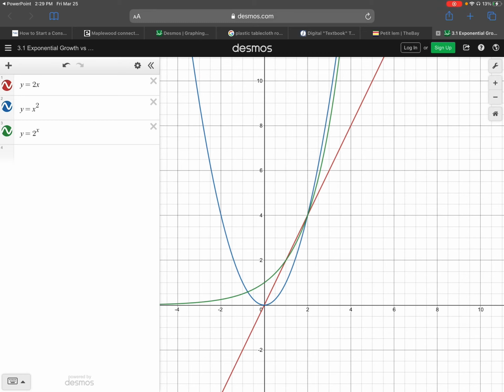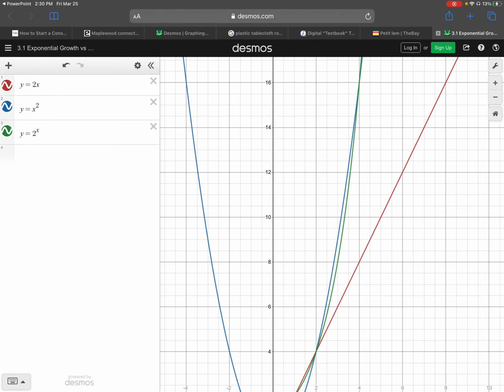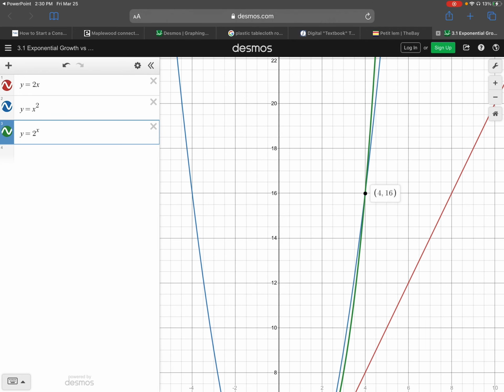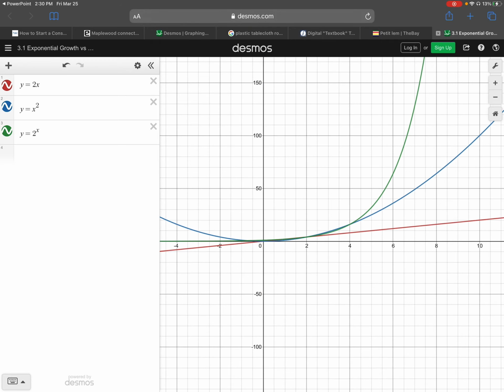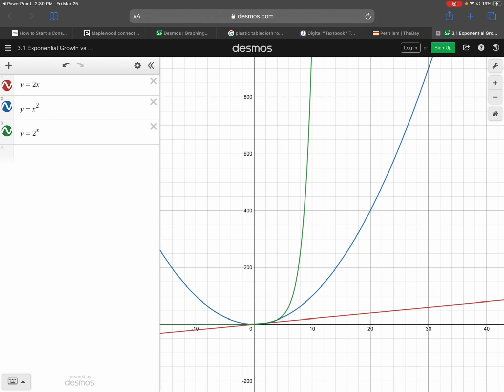Okay, but it's not until 2 that they actually all intersect. Okay, and then they start growing really, really quickly. Okay, the green one, the exponential growth, ends up passing the quadratic right at this point, 4, 16. And then after that, you can see it totally grows so much quicker than all of the others.